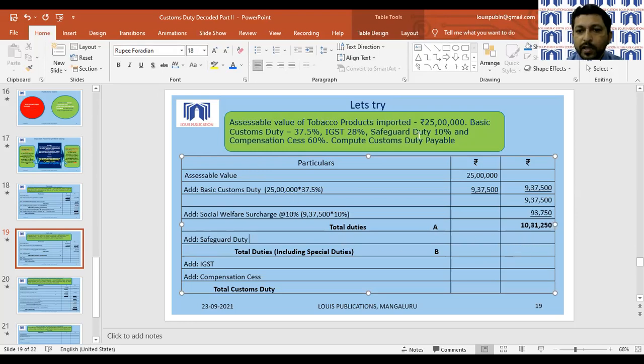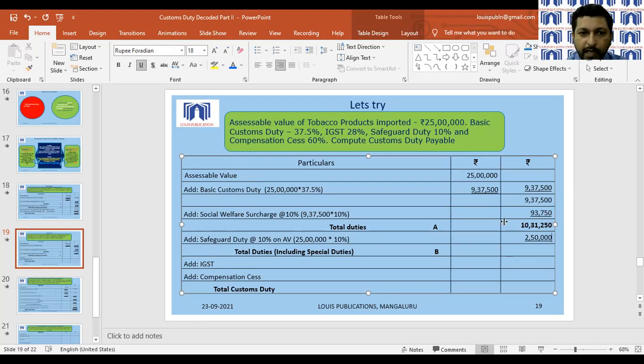Then it's given safeguard duty at 10%. The rate is given. So when the rate is given at 10%, it is always calculated on the assessable value. Assessable value is 25 lakh into 10%, so that will work out to 2,50,000.